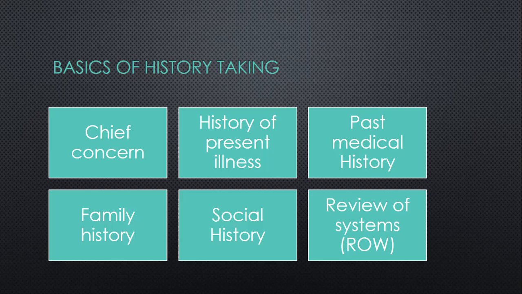Also related to how your patient lives, and if your patient has different types of acquaintances, from a social point of view. And the last one would be the review of systems, and right after we would have the physical examination. So we're going to talk about each one of these today.